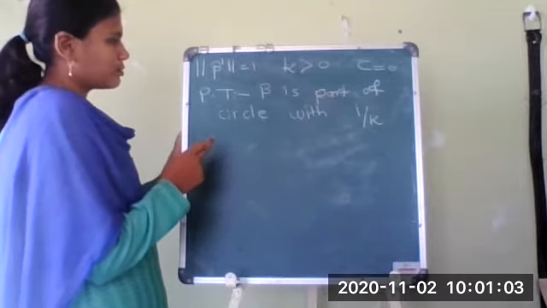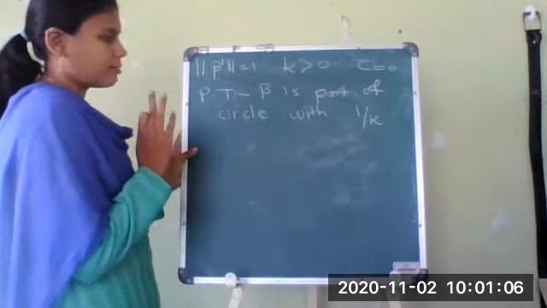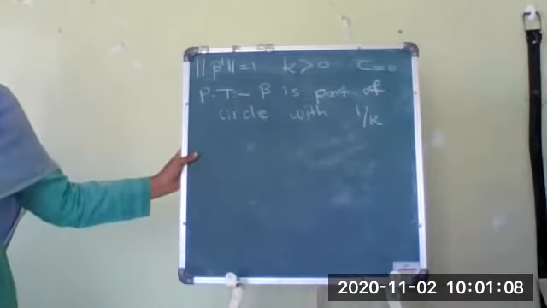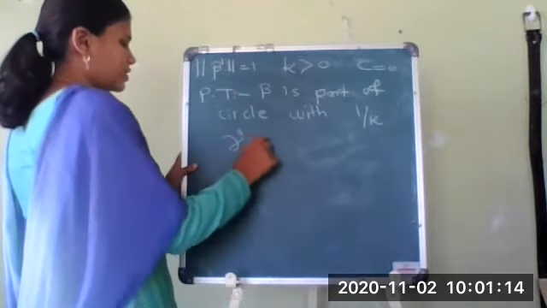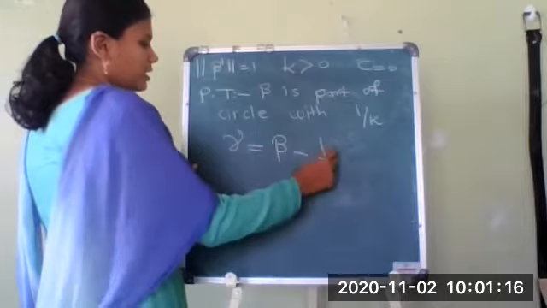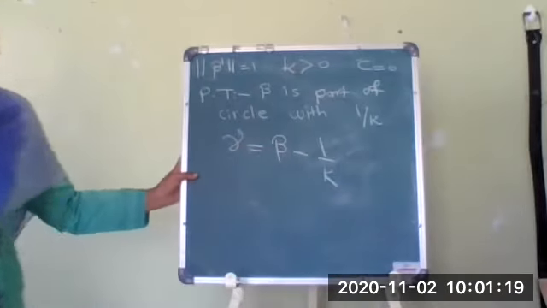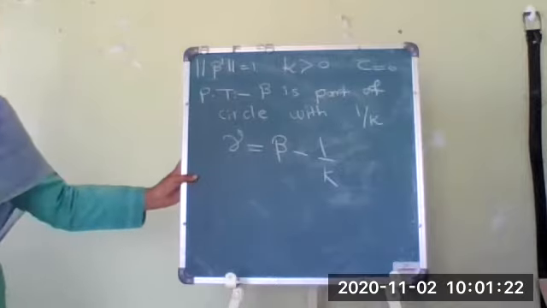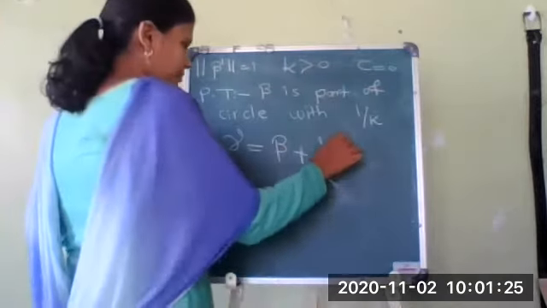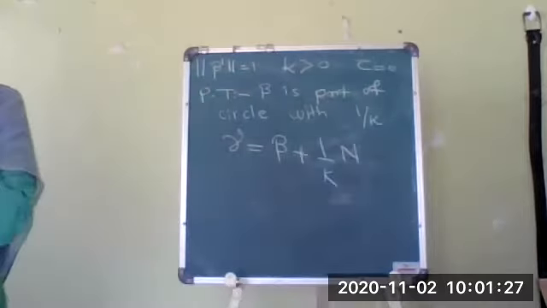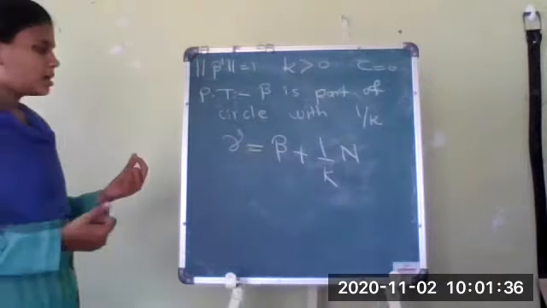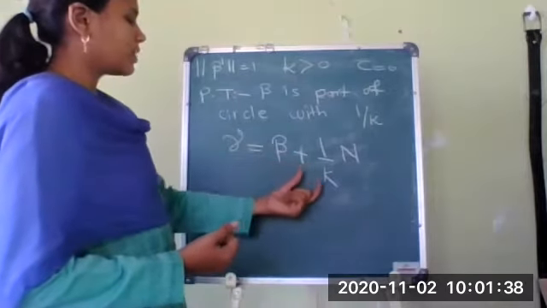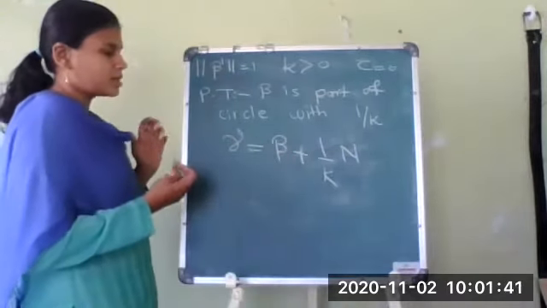Now we have to prove that beta is a part of a circle with radius 1 upon k. To prove this, we will construct our function in such a way that we reach our result. Let us consider one function gamma, which is beta plus 1 upon k times n.